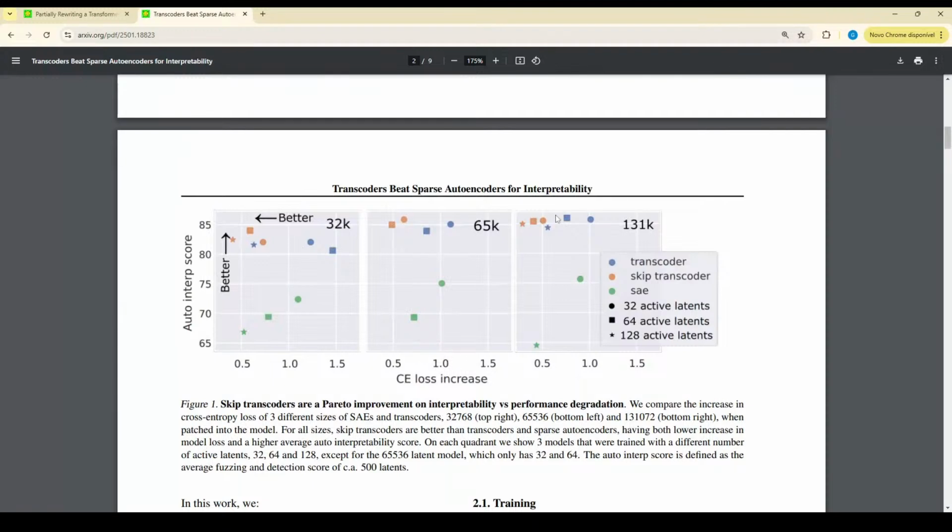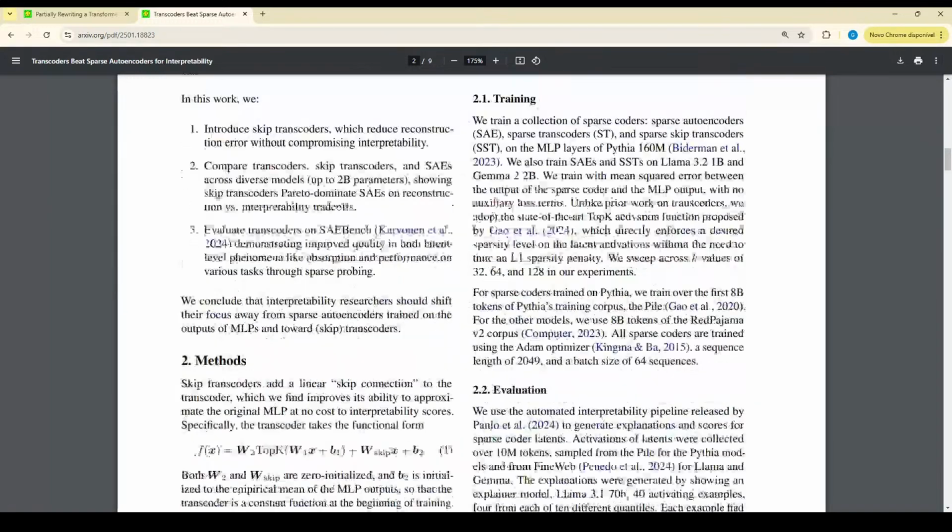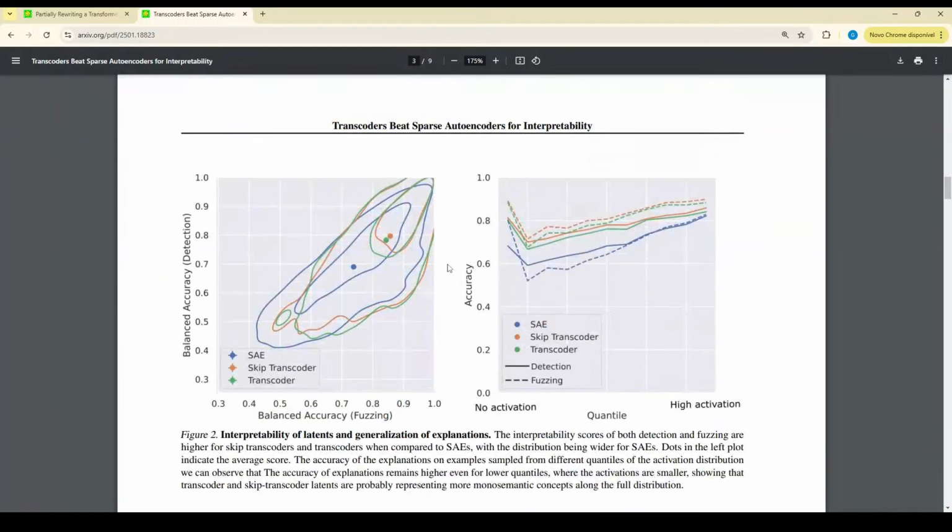But it's not Pareto better because the skip transcoder just has less degradation of the model performance. This is missing a percentage sign. So we didn't exactly look to see if the distributions are the same. I don't think it matters that much.